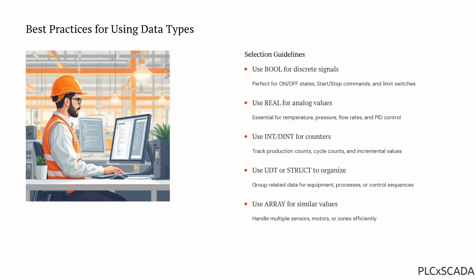Structure and UDT to organize our code, and we can use them in designing equipment modules and control modules. We can use arrays for multiple sensors, multiple motors or multiple similar signals.